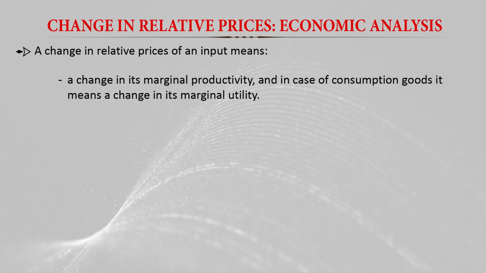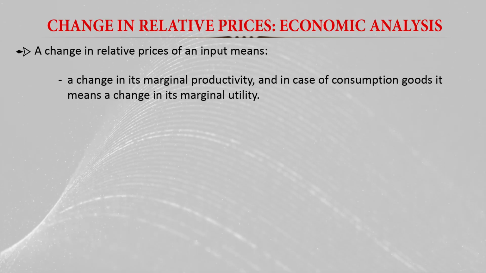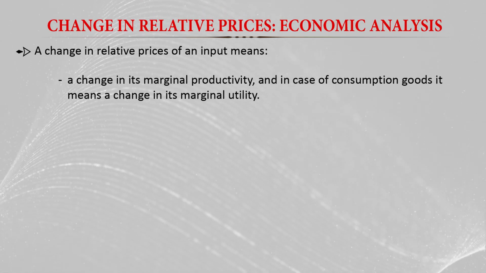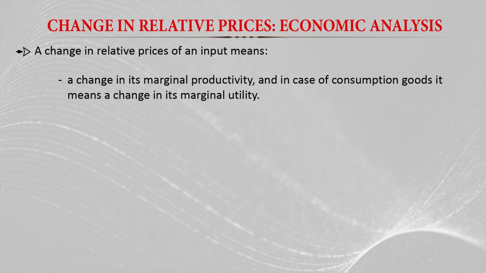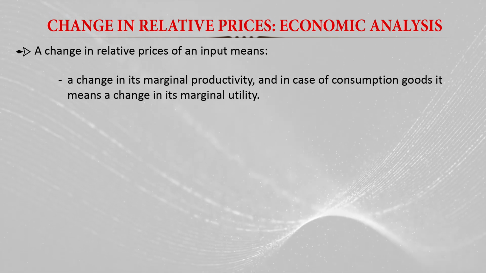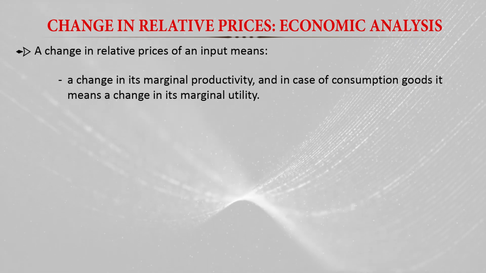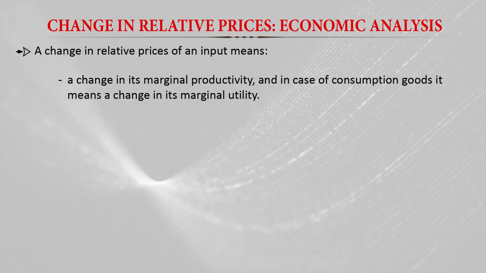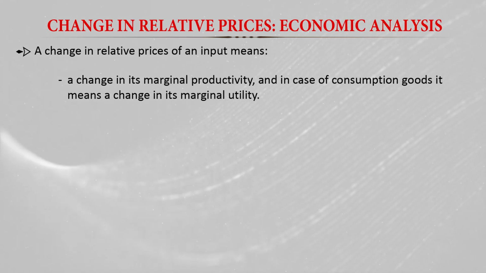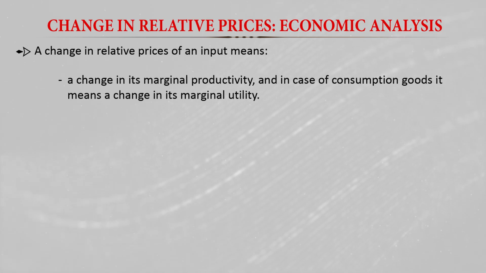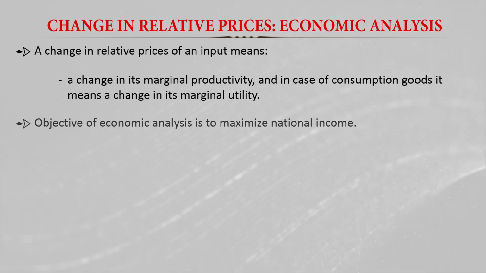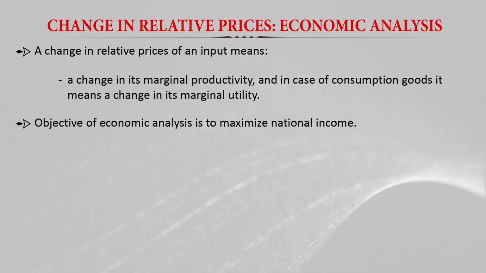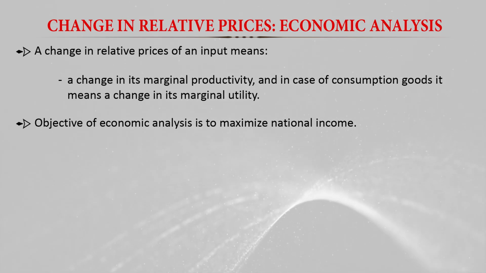So when prices of input increase, the optimum production level will decline, or it will be at a smaller number of units of the input. In a similar manner in case of the consumption good also, it means a change in the marginal utility of that good. So the objective in economic analysis is to maximize the national income.